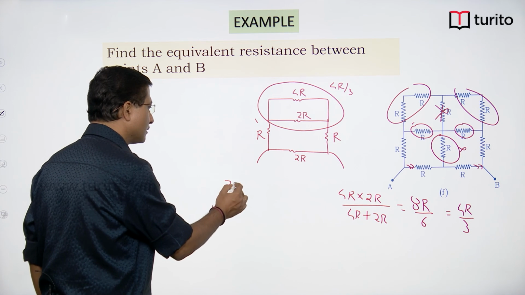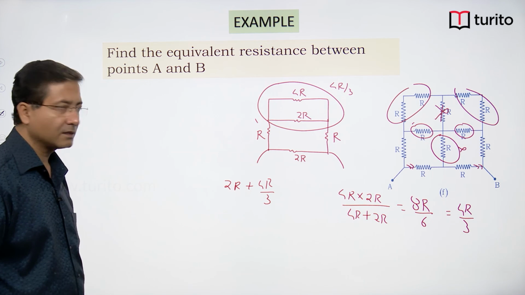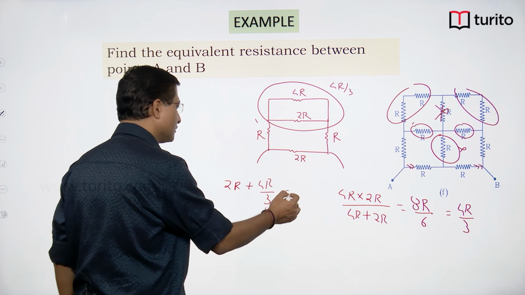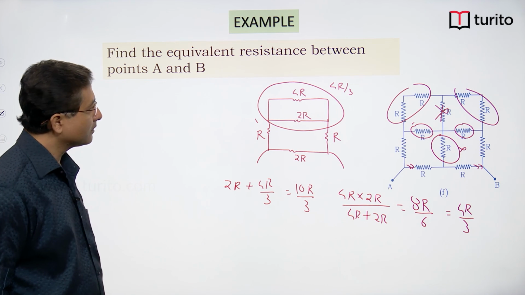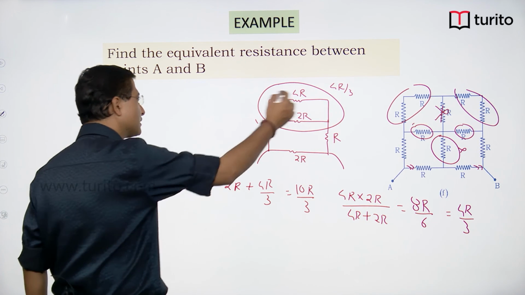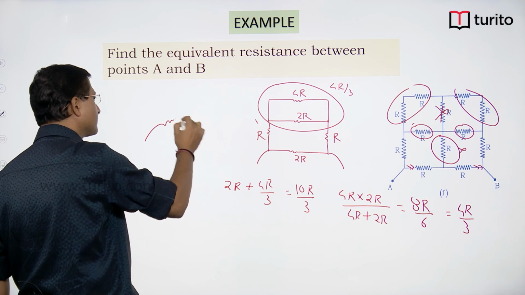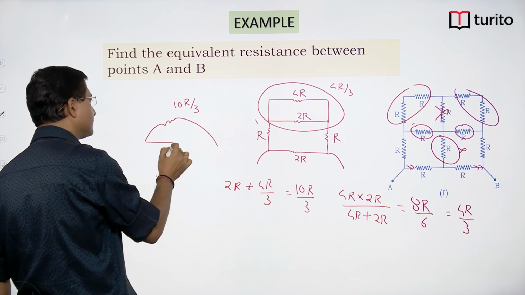So 2R plus 4R by 3 will make it 10R by 3, and this whole thing is 10R by 3. So the upper one and the lower one.